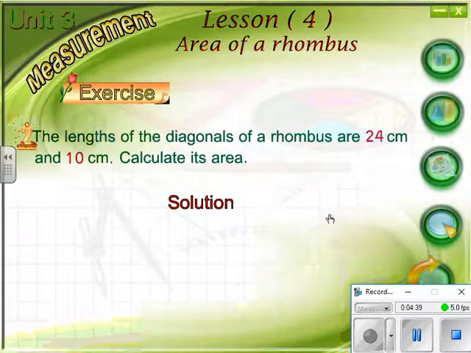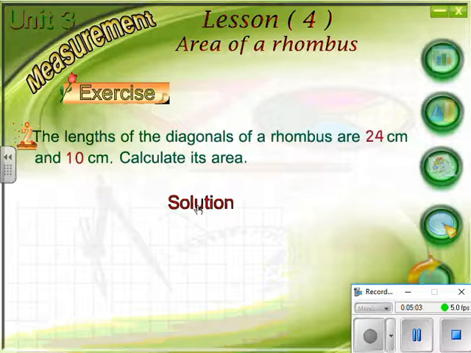Next, the lengths of the diagonals of a rhombus are 24 centimeters and 10 centimeters. Here we have two different diagonals because we're talking about a rhombus. They are not equal. To calculate its area, I will write the rule half by diagonal 1 by diagonal 2.